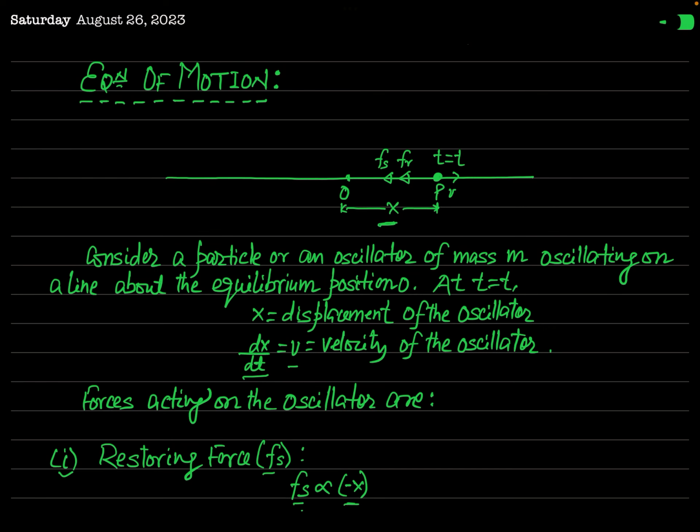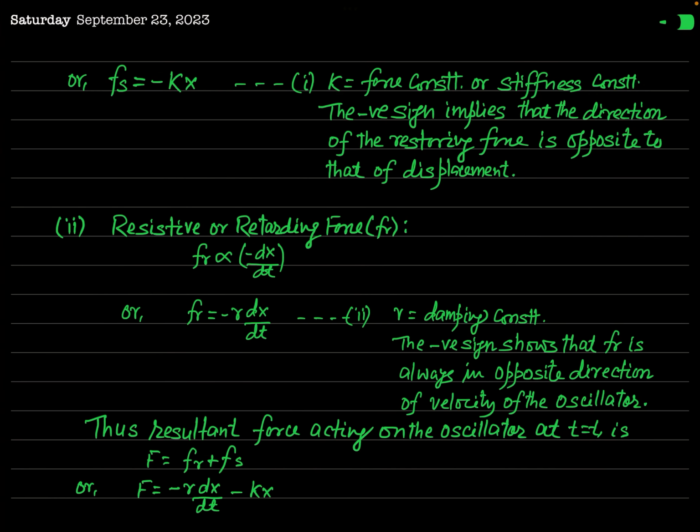And when you remove the proportionality, then you have to put here some constant. So I have put here the constant k. So Fs, which represents the restoring force, is given by minus k times x. Here k is called the force constant, or it is also called a stiffness constant or a spring constant.